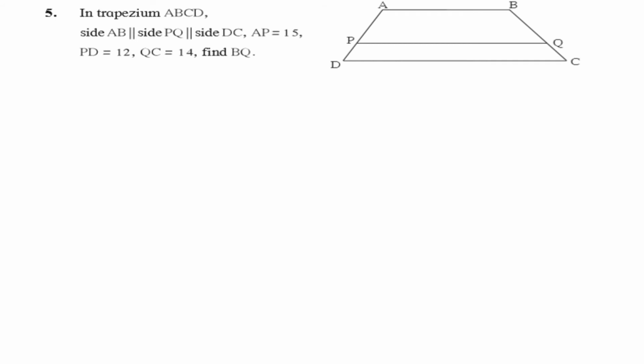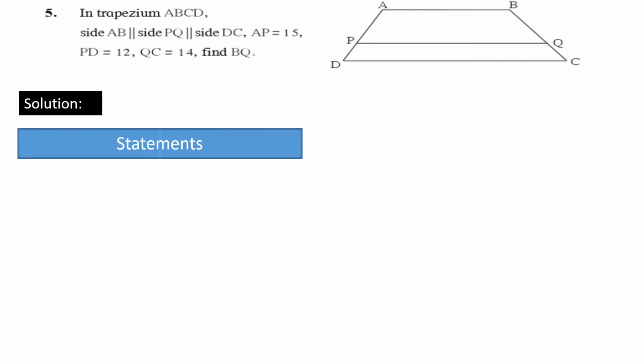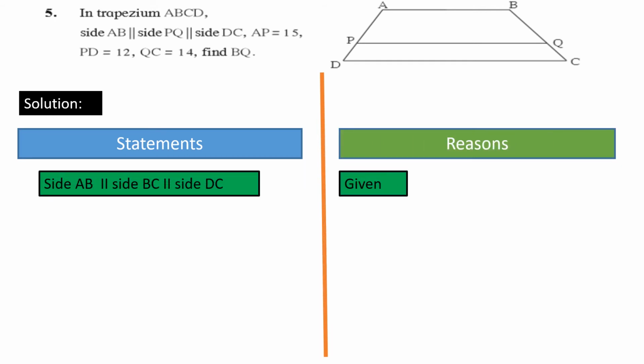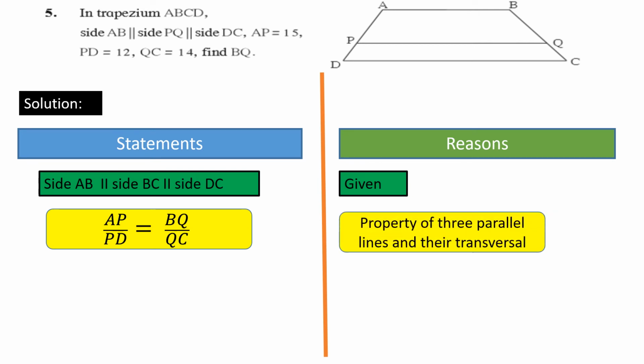So you can see the solution of the same. We have AB parallel to PQ parallel to DC. Reason will be written as given. AP upon PD is equal to BQ upon QC. Reason for this will be property of three parallel lines and their transversal.